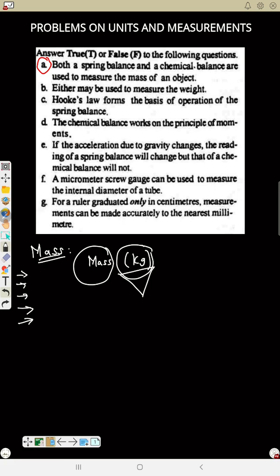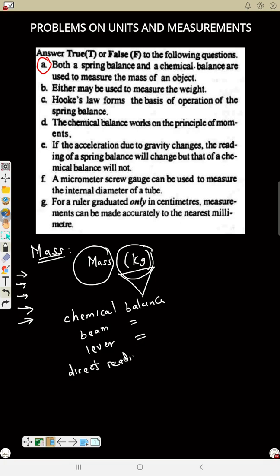Another point on mass, note all these points, you can jot them down. It is measured using a balance, of which there are various types, such as chemical balance, beam balance, lever balance, and direct reading balance.